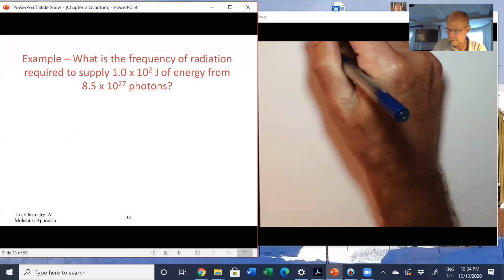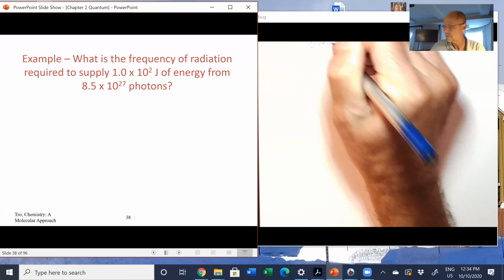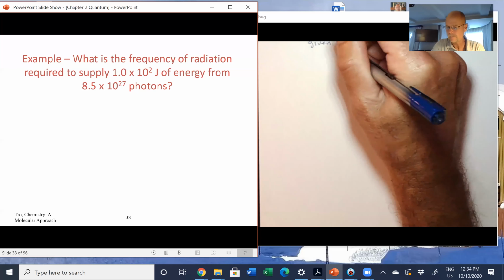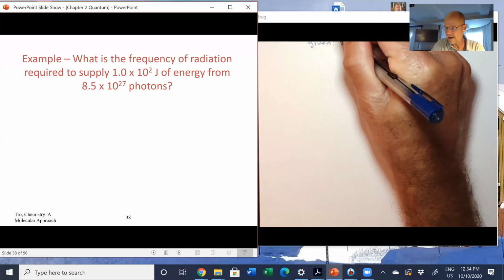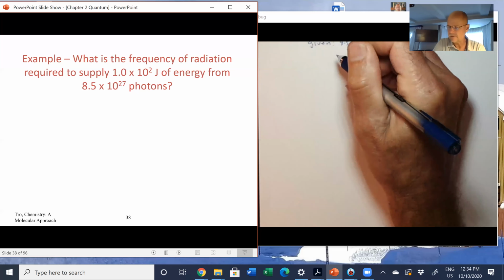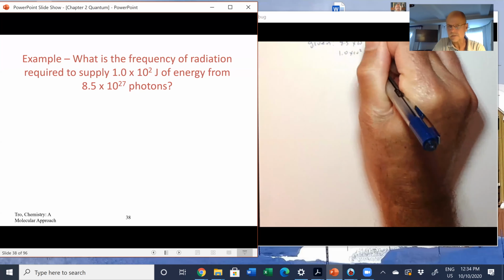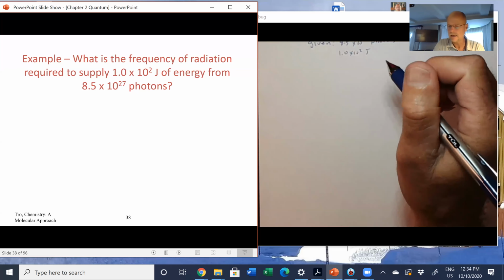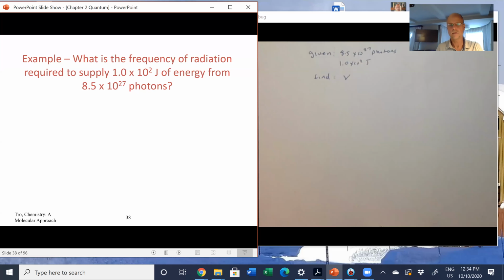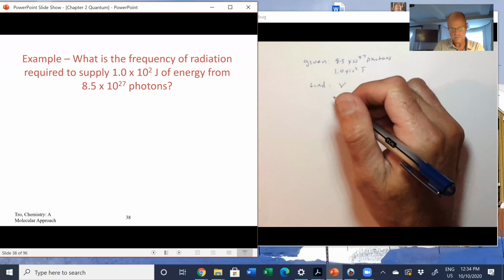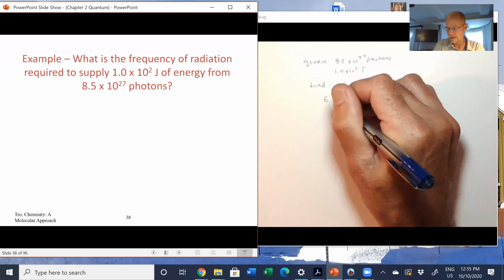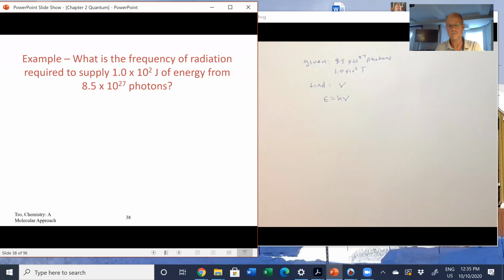So we're given that we have 8.5 times 10 to the 27 photons, and we're given that we have 1.0 times 10 to the 2 joules of energy, and we're trying to find the frequency. So we know that for a single photon, the energy is equal to h nu.